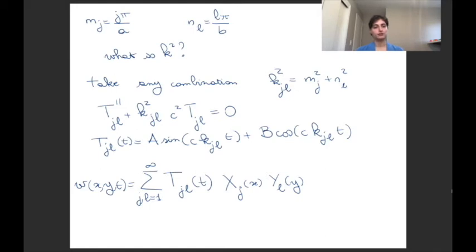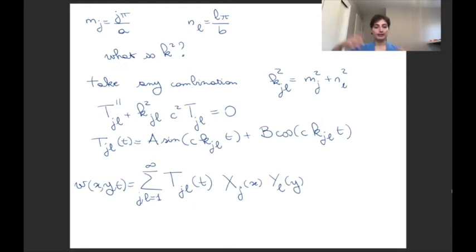So we can write the solution for the time being T_jl as a sum of a sin(c k_jl t) plus b cos(c k_jl t).